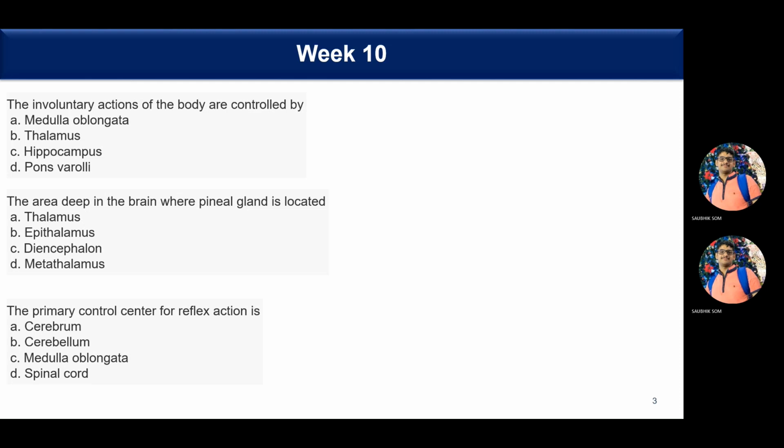The primary control center of the reflex reaction is the cerebellum or the spinal cord. Reflex reactions are always controlled by the spinal cord.